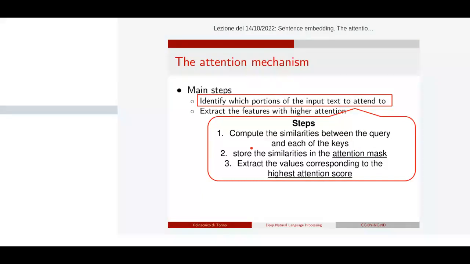The query is your human query, and then the value is the content of the book chapter. Okay. You extract the values, so you go to the corresponding page and pick the content of the chapter of the book that you would like to read.